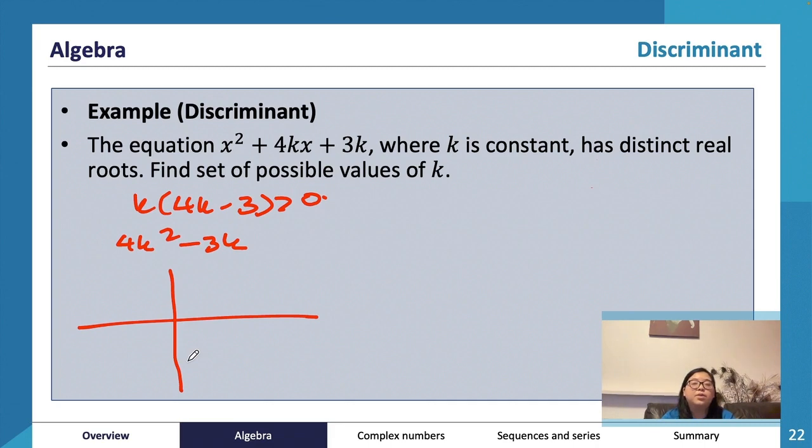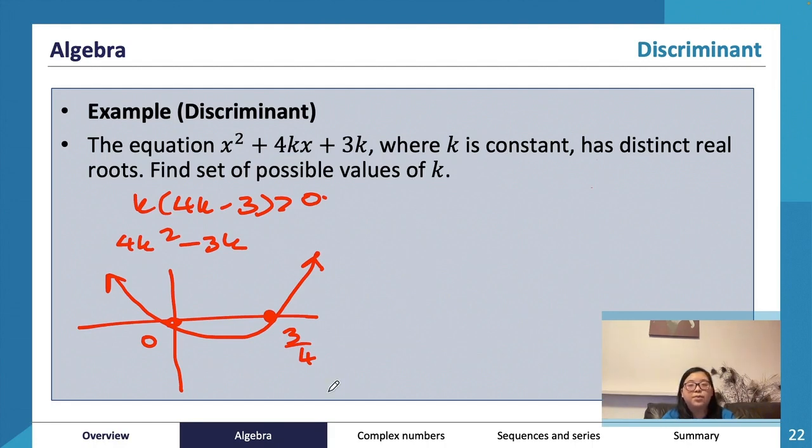We can note that it's going to go through 0, and the other intercept it's going to go through is 3 on 4. We note that it's a positive graph as well, so we can draw it something like this. So we go through 0 and 3 on 4, and you can note how it travels in both directions, and it wants the possible values of k.